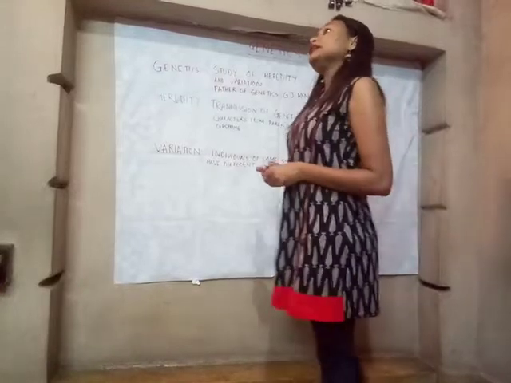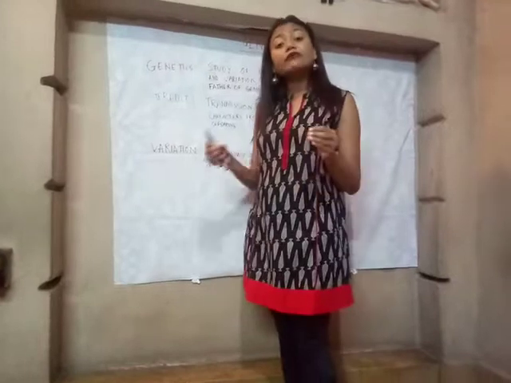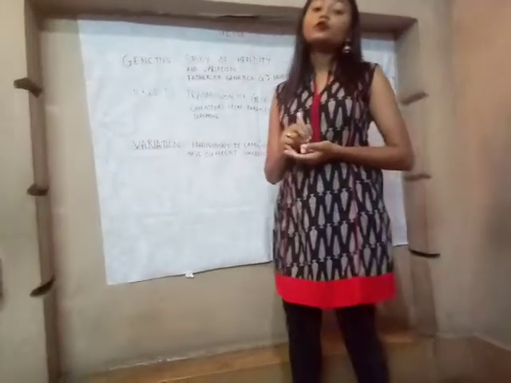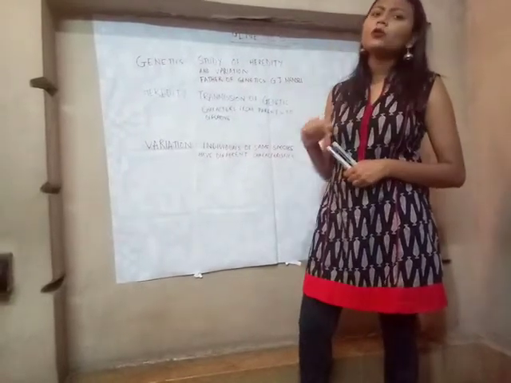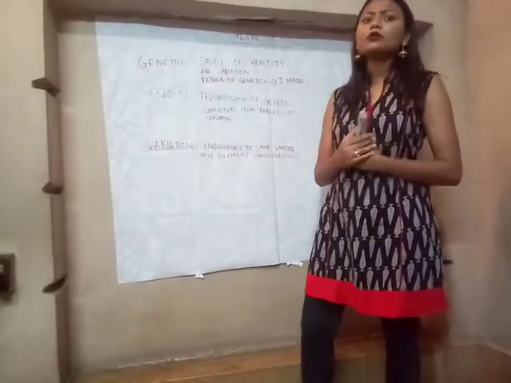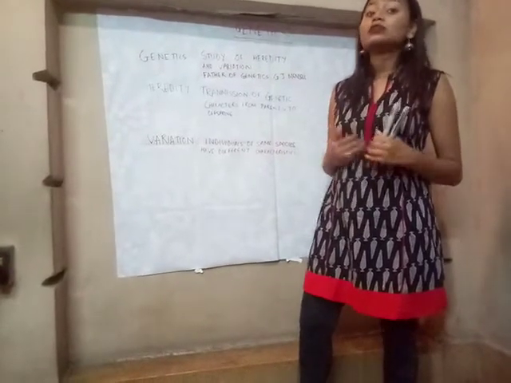So what did Mendel do in the early centuries? Mendel did some very important experiments which proved to be very useful in the field of genetics. But when he performed the experiments and came out with the results, nobody appreciated his work. Nobody found the importance of his work.